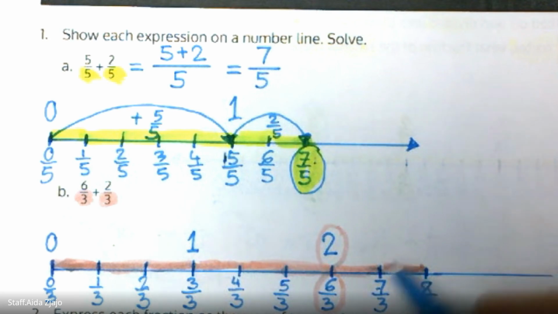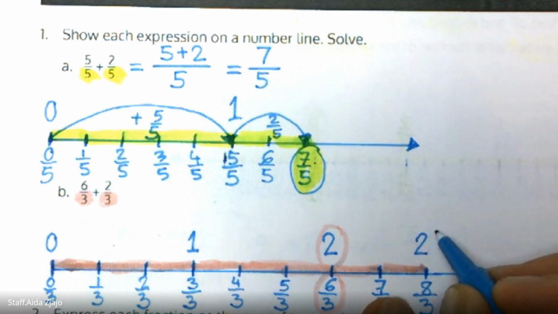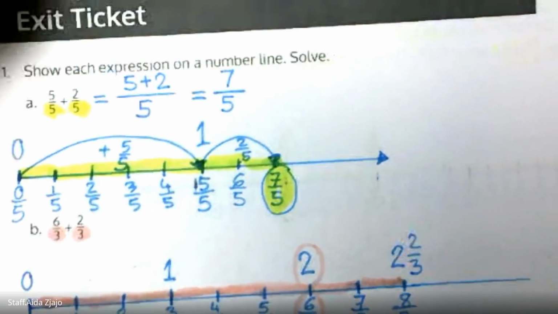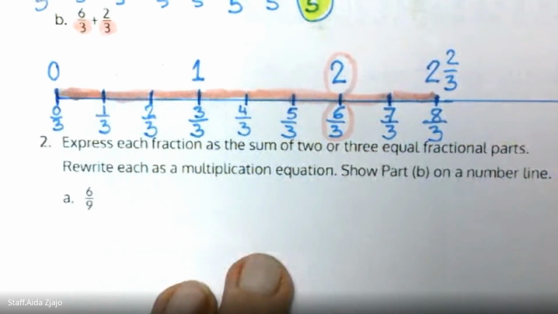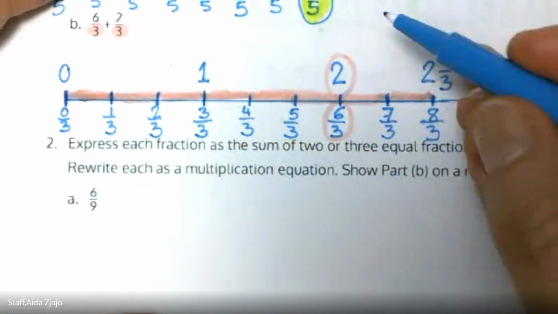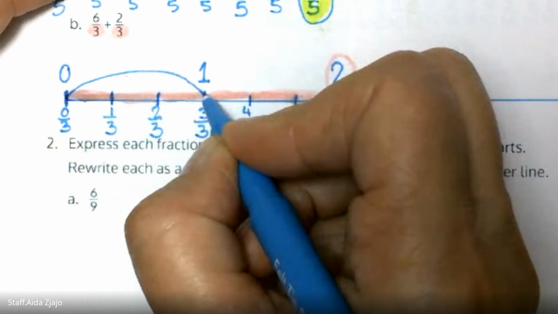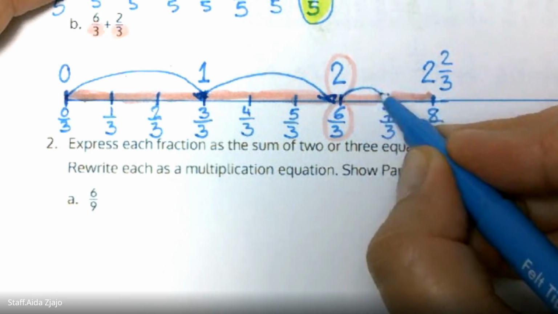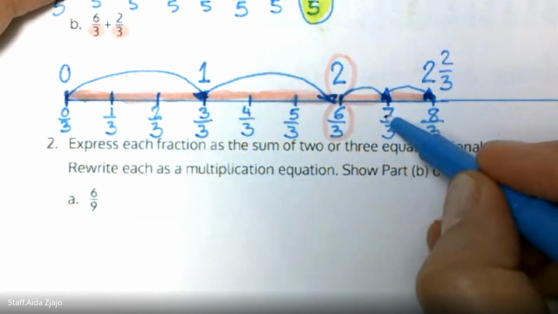Here is two wholes and 2/3 on the same spot. Mathematically, we can see that 6/3 is 2 wholes, and then we have 2 more parts, that makes 2 wholes and 2/3.